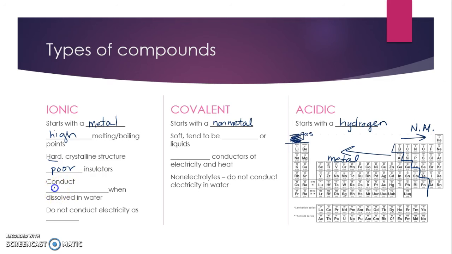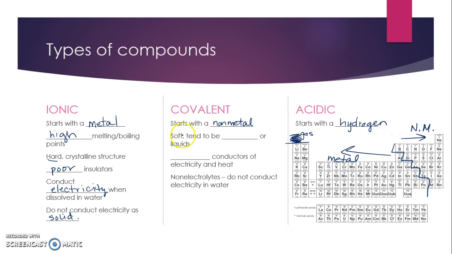They conduct electricity when dissolved in water, and they do not conduct electricity as solids. So in order to get it to conduct electricity, you have to change it or dissolve it in water.